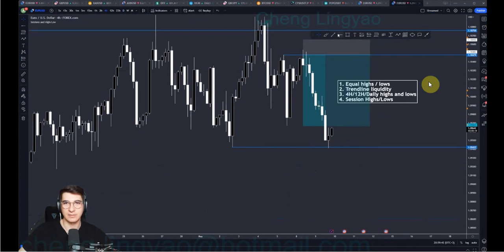In this case, the first liquidity point was this 4 hour low here, because we created the high, we took out liquidity from this high, and when price comes down, that is our first take profit point. That's where we're gonna look to exit the trade, because we took out liquidity from the 4 hour low. Once we took liquidity, we know there's a potential reversal coming in. So that's very important to understand. That's a good way to exit.